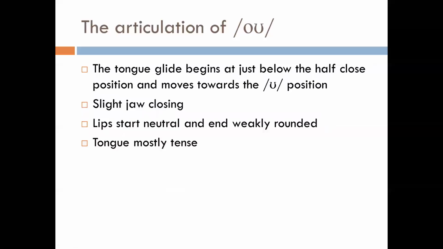All right, the next one is O, and this is one where you'll commonly see this just written as a monophthong, just with O. But in American English, it's often produced as a diphthong, so a lot of phoneticians prefer to transcribe it this way. And it is a back mid-closing diphthong.